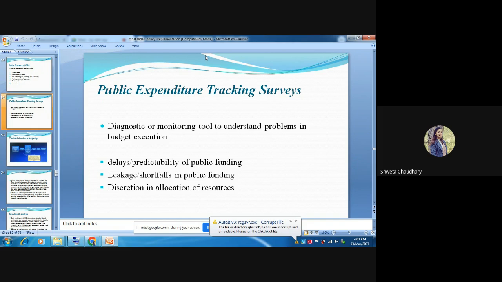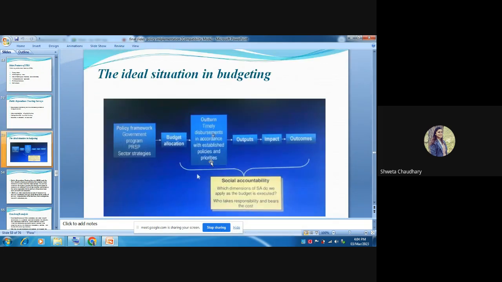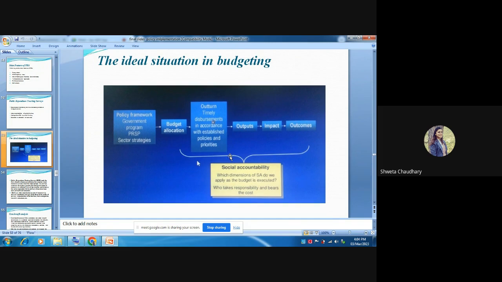So you can see discretion in the allocation of resources, shortfalls, and predictability of public funding. So this is public expenditure tracking. How the budget is allocated, if not well allocated, why not, what can be the reasons behind.